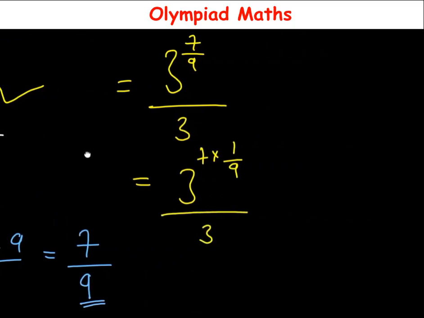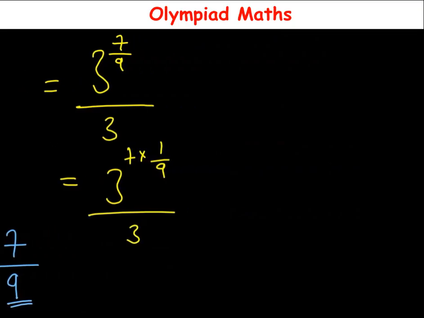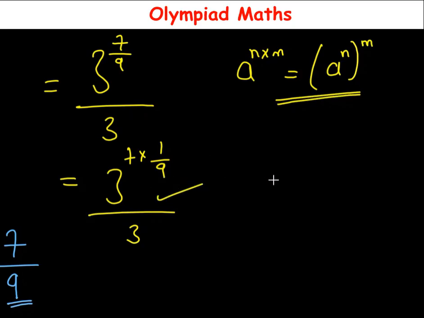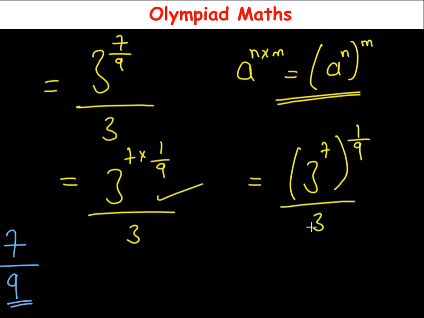So to then simplify this further, we are going to apply this rule, that if you have a raised to power n times m, this equals a raised to power n, then power m. Applying this principle to this, then equal to, in bracket, 3 raised to power 7, then power of 1 over 9, then all over 3.